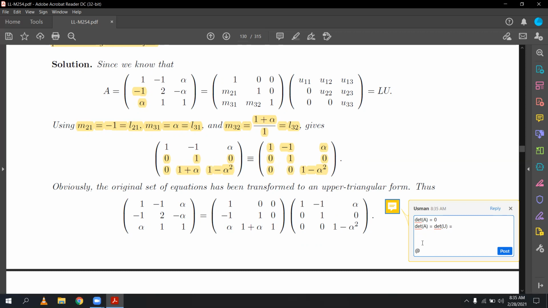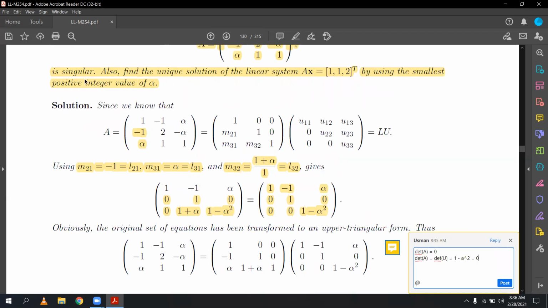And what is the determinant of U? 1 multiplied by 1 multiplied by 1 minus alpha squared. Let me use alpha as A: 1 minus A squared. And this must be equal to 0, because the condition given is for which value it is singular, so the determinant must be equal to 0.